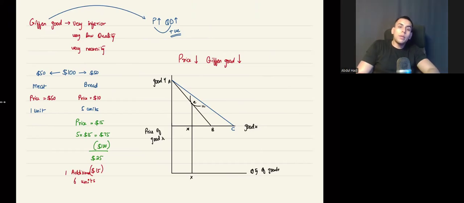So once we are done with this stage, now you have to identify what will be the effect on the given good by drawing a new equilibrium position on the new budget line, that is AC. Now we have to prove this relationship. The given good says that if the price level falls, your quantity demanded is falling as well.